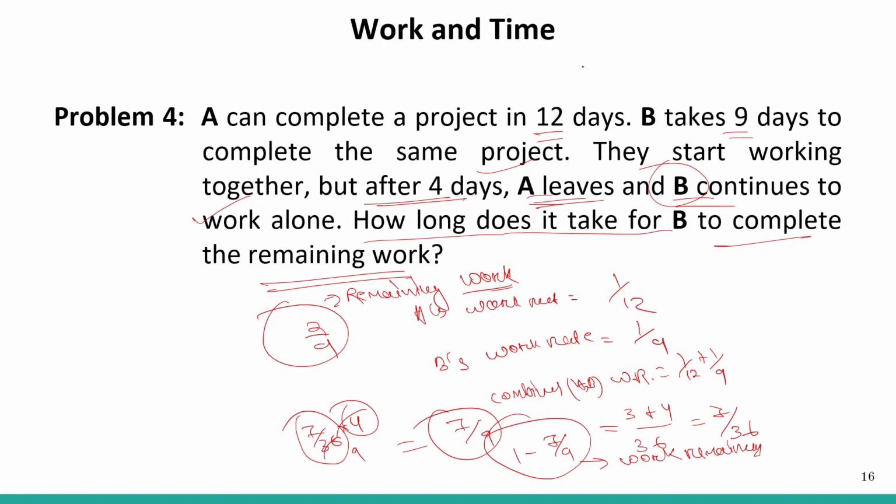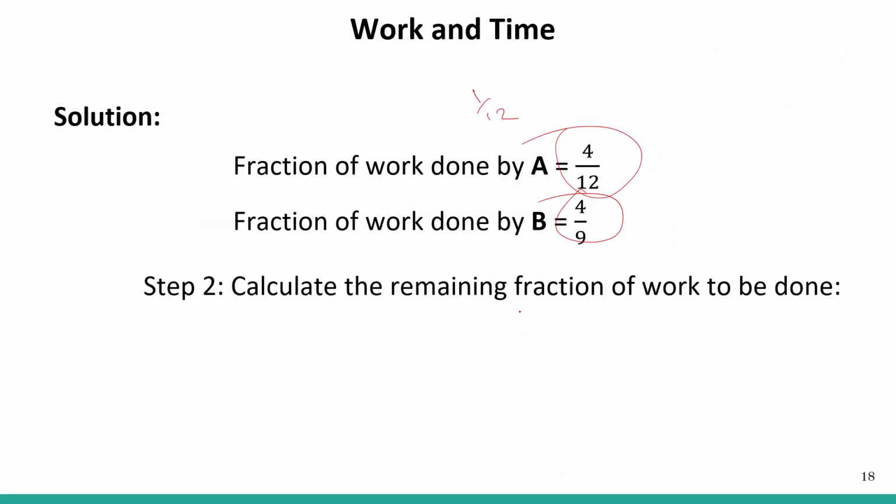Time is equal to work by rate. B's rate is 1 by 9, so 2 by 9 whole by 1 by 9 is equal to 2. So B will have to work for 2 extra days to complete the whole task.